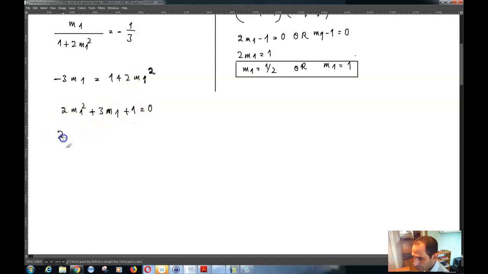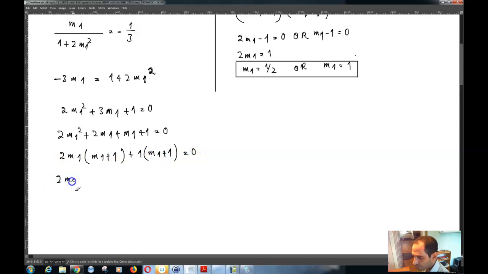And then you can write this as 2 times m1 squared plus 2m1 plus m1 plus 1 is equal to 0. And then 2 times m1 times m1 plus 1, plus 1 times m1 plus 1 is equal to 0. And that's 2 times m1 plus 1 times m1 plus 1 is equal to 0.